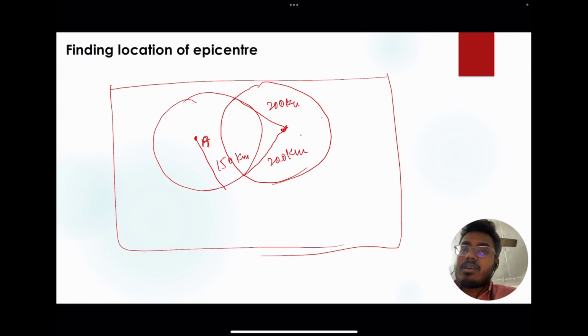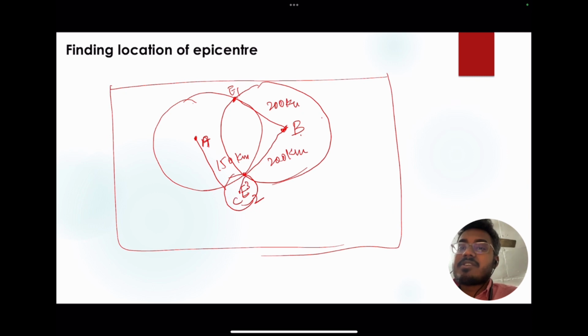Thus, now we have two points, E1 and E2. Both can be the epicenters because this is the intersection point between these circles. But we don't know which one. So we will take another seismometer, let's say C, and from there one of the points will be intersected.